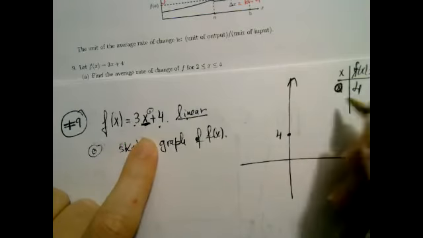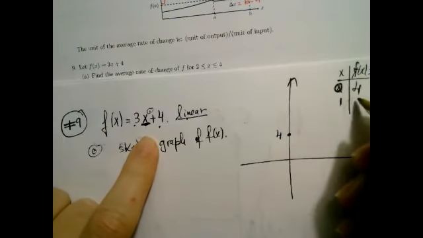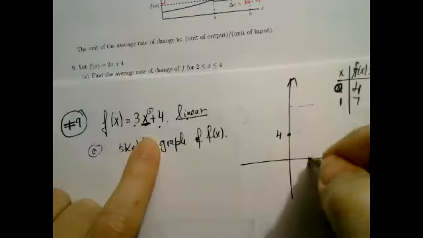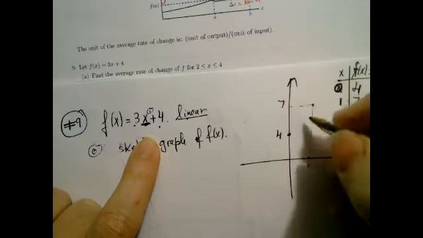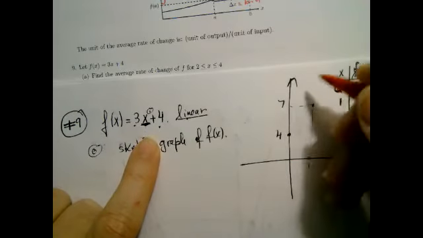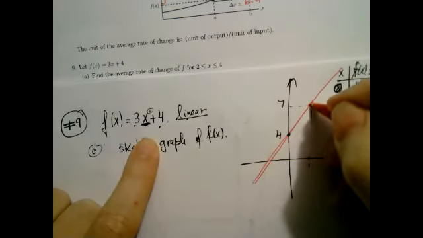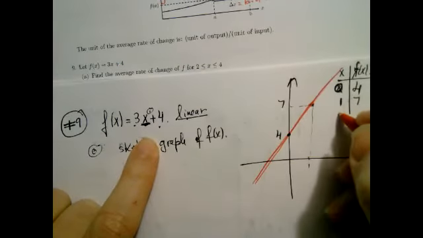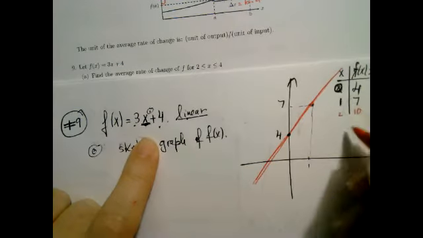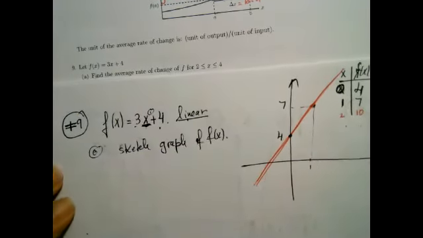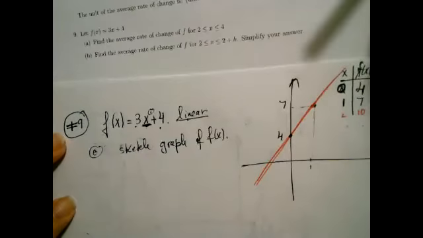Then you can take x is 1, and if x is 1, this is going to be 7. And it's a line, so when I graph this, I'm going to get a line. If I plot point 2, I get 10, and I connect them, I'm going to get an honest to goodness line.